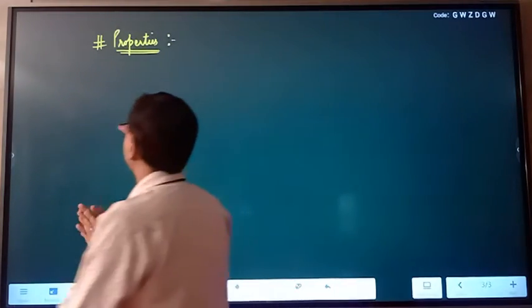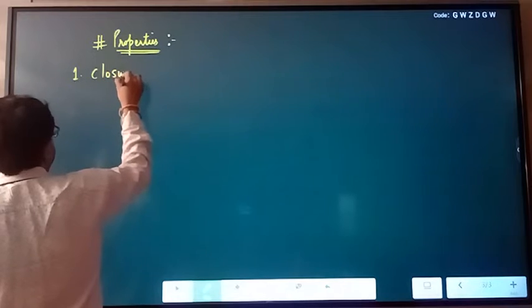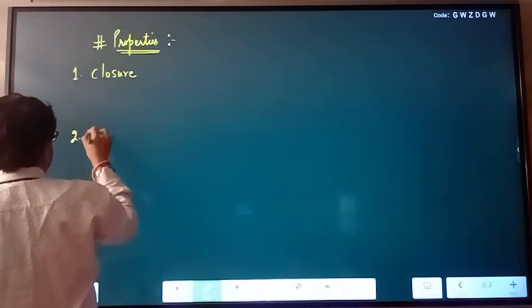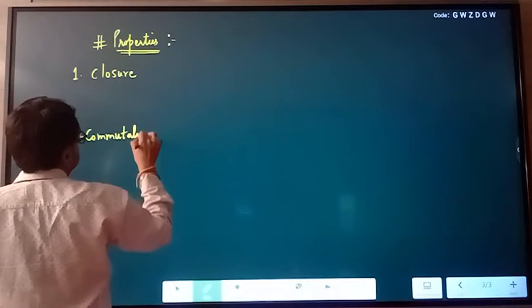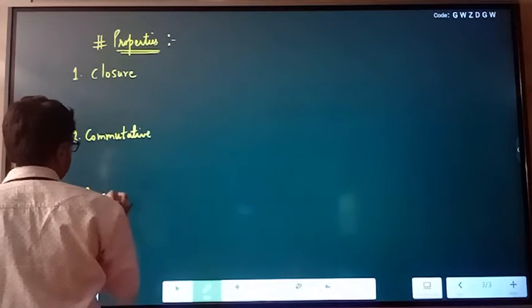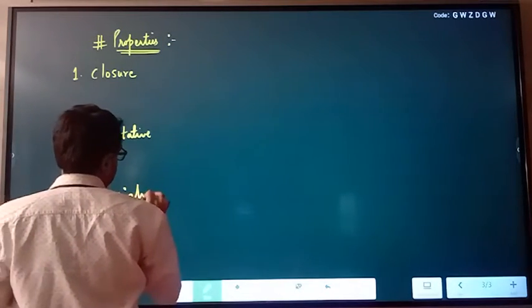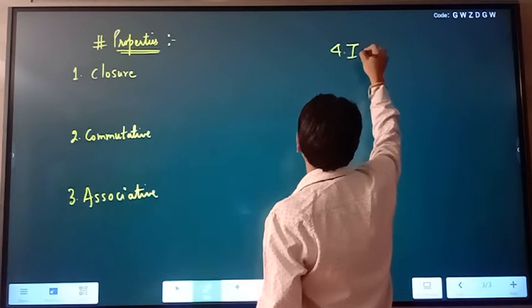the properties. So the properties that we are going to do are, first, again, closure property. Second, commutative property. Third is associative property. Fourth, identity property.